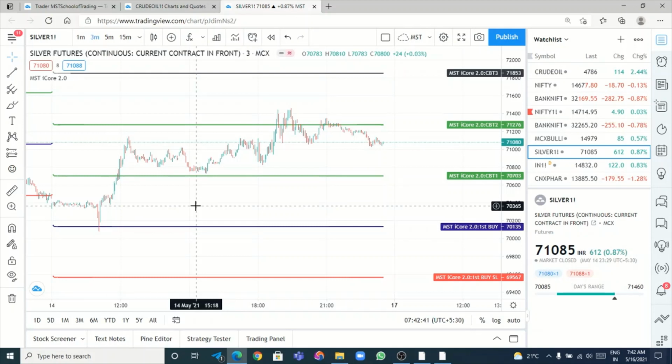If you did not get the 4652 entry, suppose it has reached 4653, 4654, in that case you can revise the entry point 3 points plus, which means 4652 plus 3, 4655 will be your entry. In such cases you can increase the targets by 3 points. So you are taking 300 rupees extra risk and keeping 300 rupees extra target. That's all.